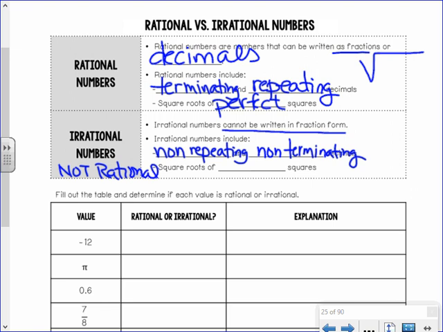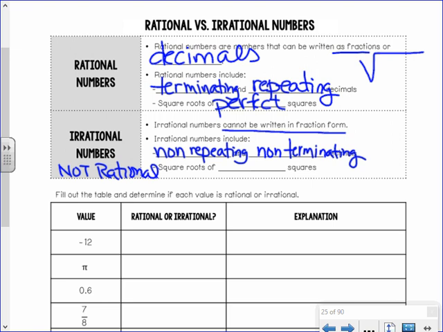So if it doesn't repeat and it doesn't terminate, what kind of decimal are we talking about here? Well, there are decimals, but they won't repeat and they won't terminate.